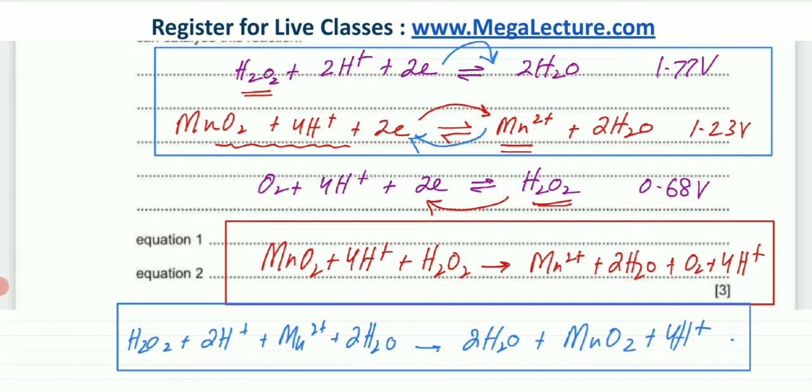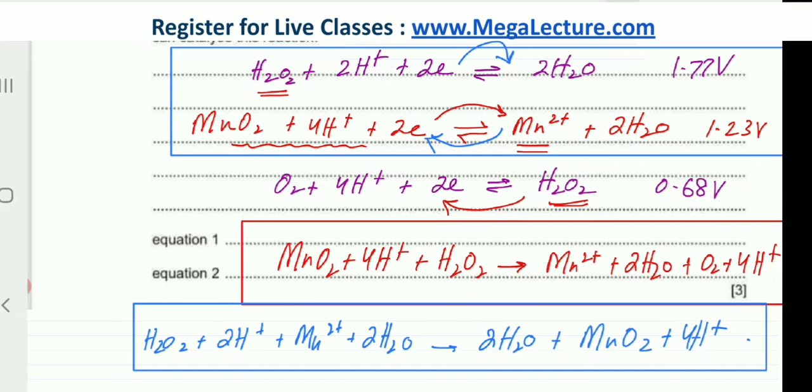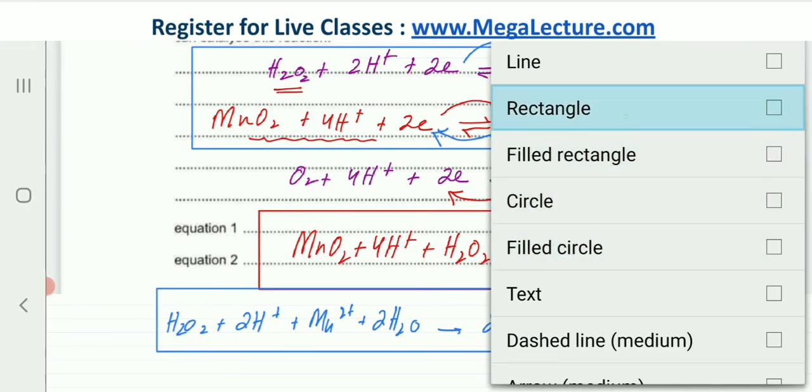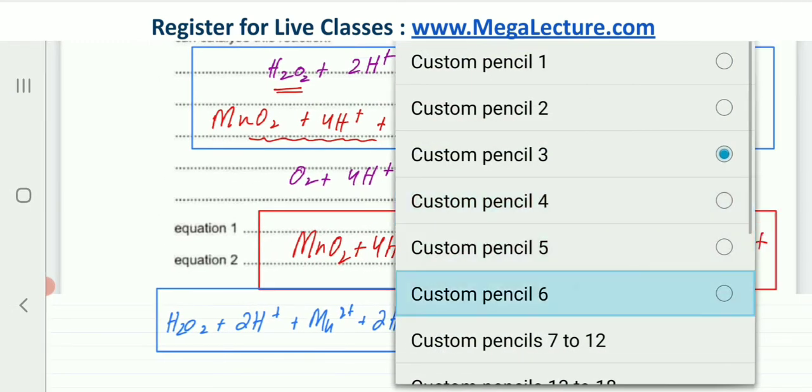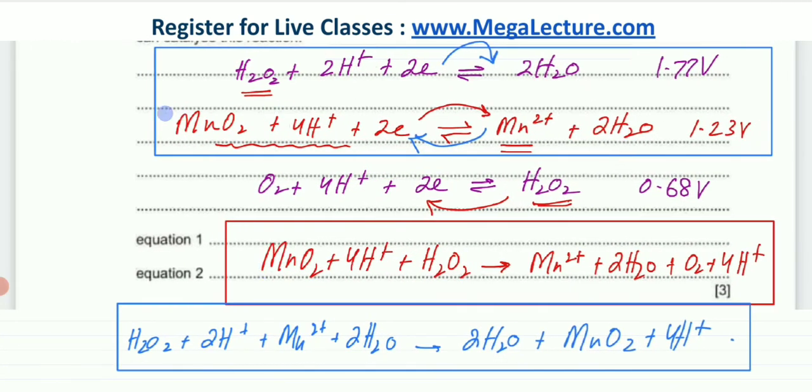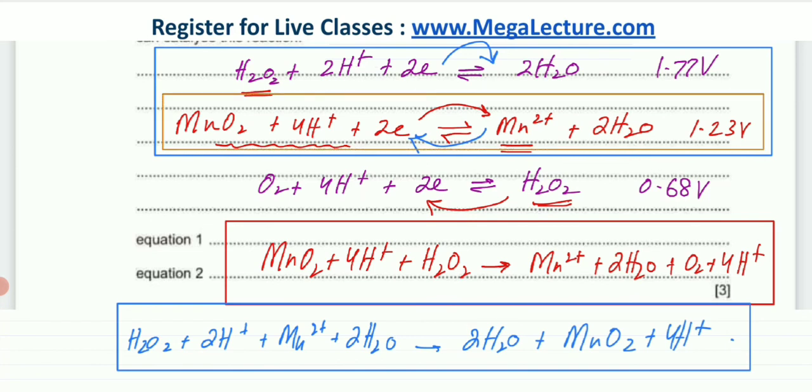So, one thing, always remember, and it's a conceptual thing, species can act as catalysts under certain conditions. And the conditions are that the species and its electrode reaction should be right in the middle.